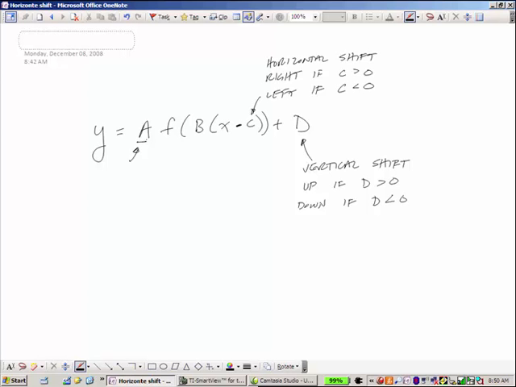So A is affecting the function, the y values. So A is going to be a vertical stretch or compression. All right. So Peter sets us up with the stretch or compression, and then we should probably talk about when is it going to be a stretch and when it's going to be a compression.